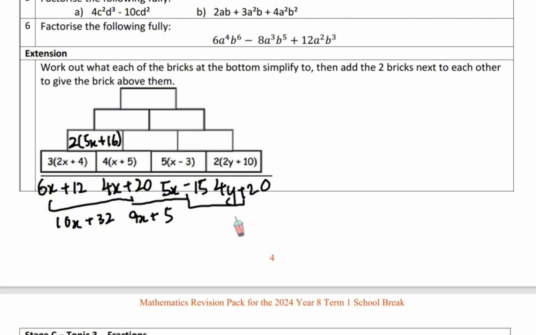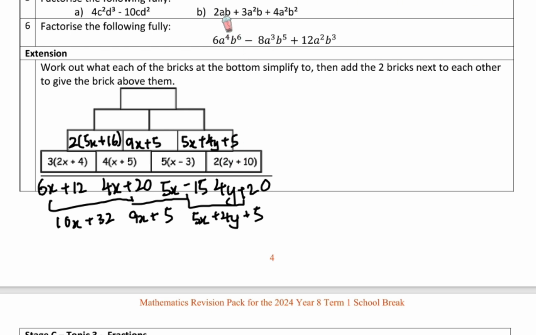And this would be 5x plus 4y plus 5. And we can just directly write them in the box because we cannot factorize them. So 9x plus 5 and 5x plus 4y plus 5.